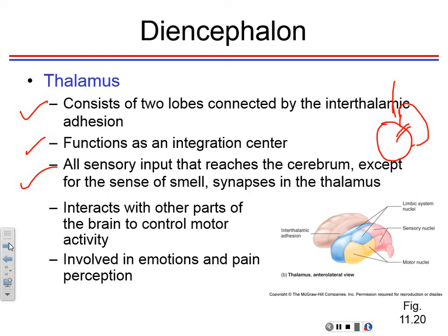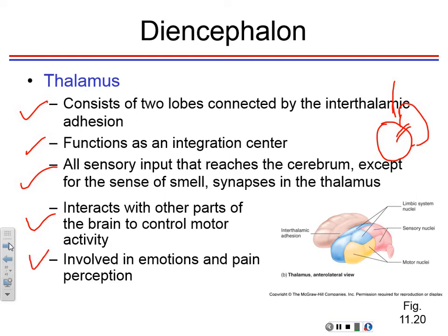That's the only one that doesn't go there. It has to go through the thalamus first. So it interacts with other parts of the brain and sends the certain sensory information to a certain part of the brain that will best address that particular information.